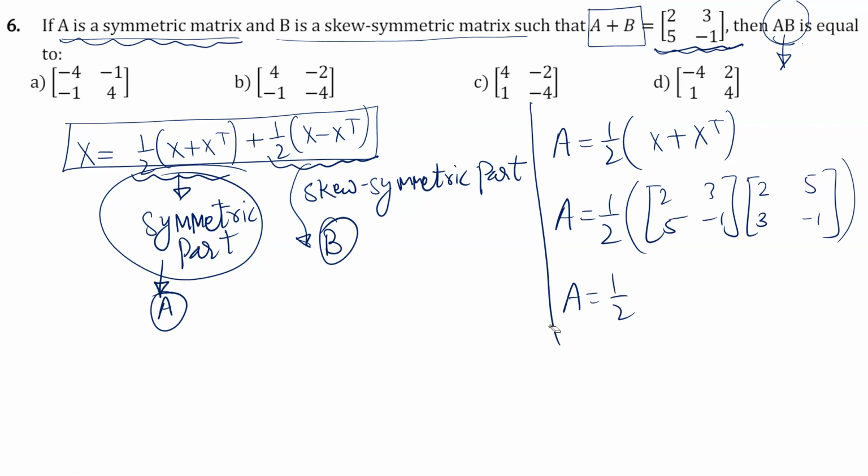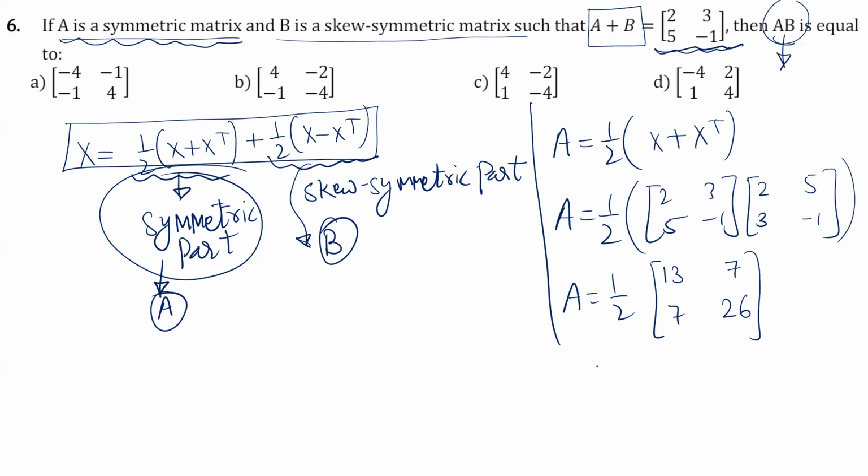Let me just multiply it directly. So this will be 2 into 2, 4, 3 into 3, 9. So 4 plus 9 will be 13. Here 2 into 5, 10, minus 3, 7. And then 5 into 2, 10, minus 3, 7. And here 5 into 5, 25, and plus 1, so 26. Okay. So like that you got this A matrix, you can multiply this 1 by 2 inside, or you can keep it as it is.